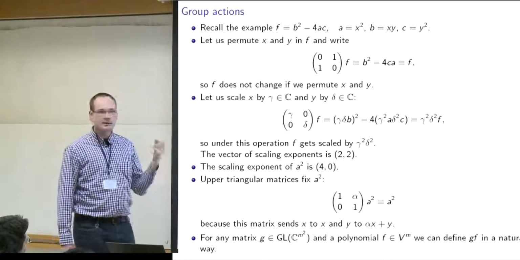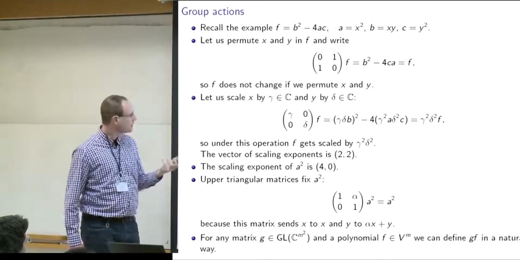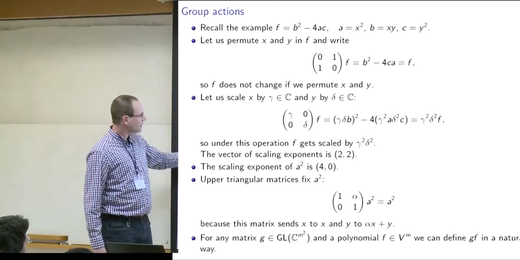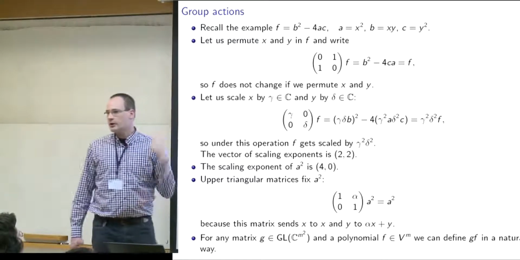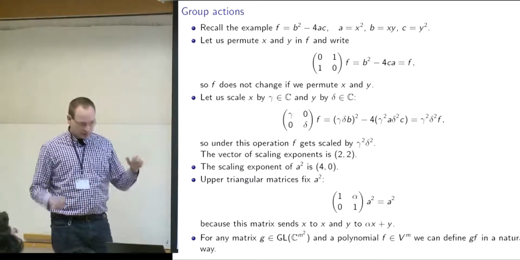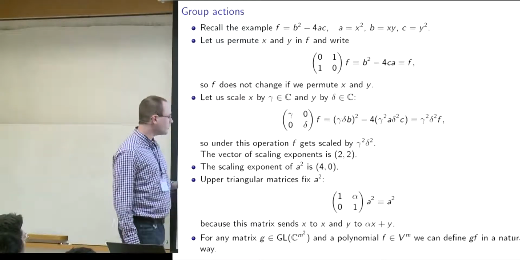So the type lambda is not a complicated thing. It's just how it reacts to the action of a diagonal matrix. And if you look at the scaling exponent of a squared, it's precisely 4, 0, right? We also saw that the type of the isotypic component is 4, 0, which is precisely the scaling exponent.